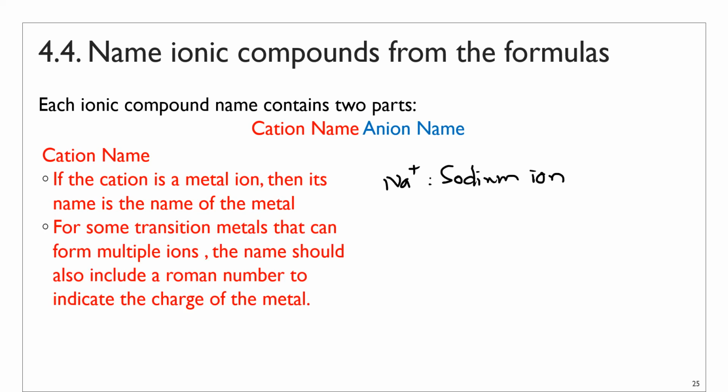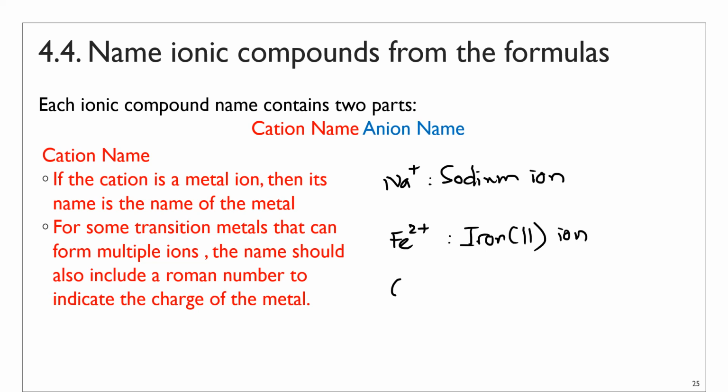Now, for some transition metals, I've talked about this. If you have a transition metal, technically you only have to do this if you have multiple ions for that transition metal, but to keep it simple, just do it every time. When you name it, you also want to tell me the charge of the metal. So if it's Fe2 plus, because Fe is a transition metal, I would call it iron 2 ion.